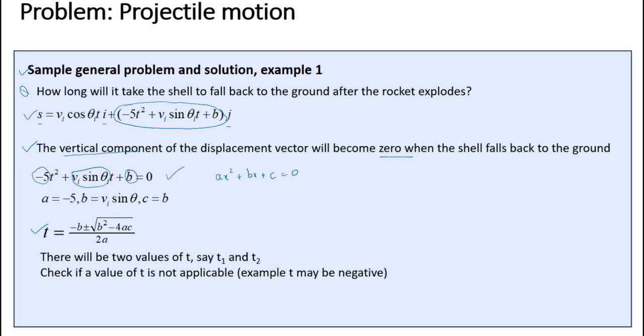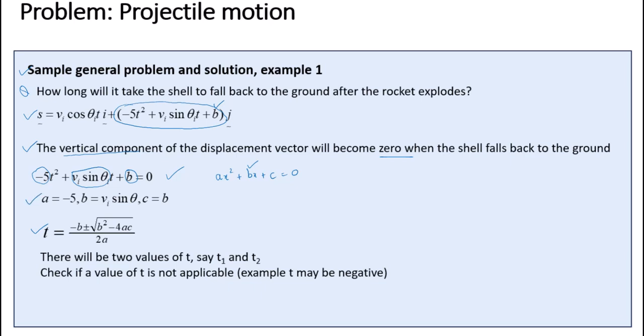Now, just as a matter of caution, there are two b's over here. We need to be very clear that this b over here is representing the quadratic equation, whereas the b that I have mentioned earlier was the vertical component of the initial displacement. So you need to be clear.